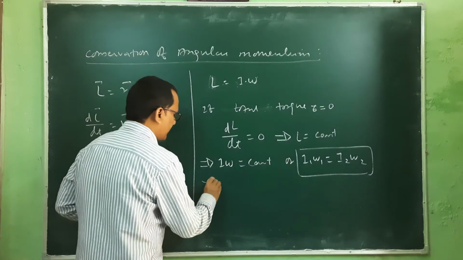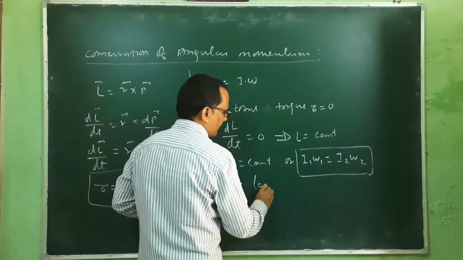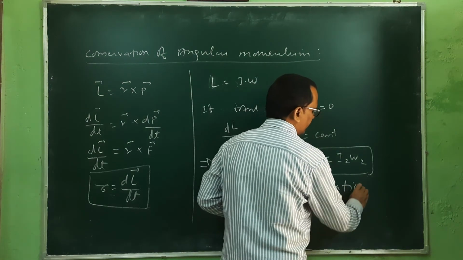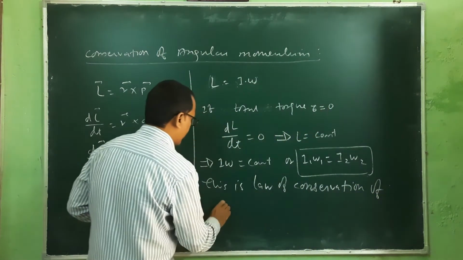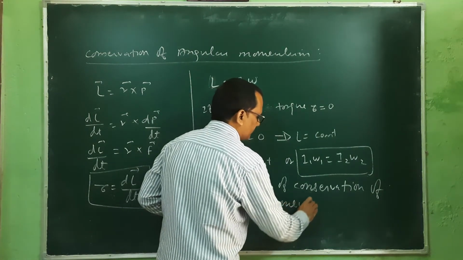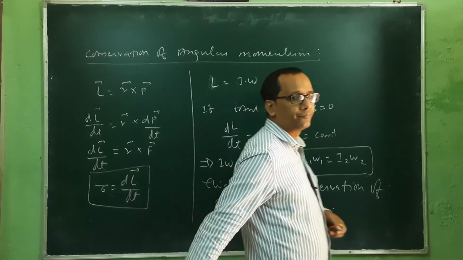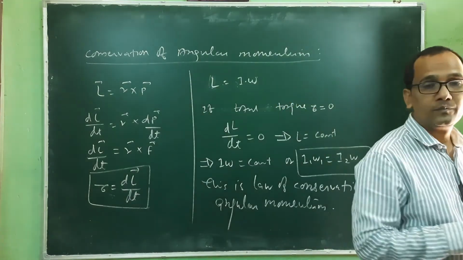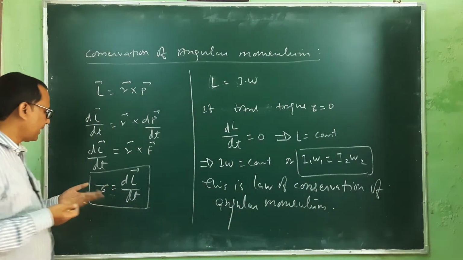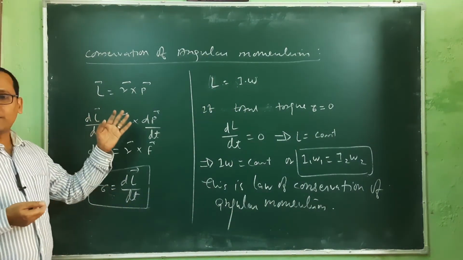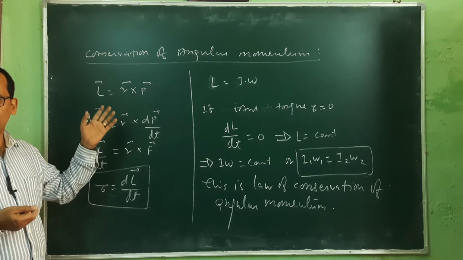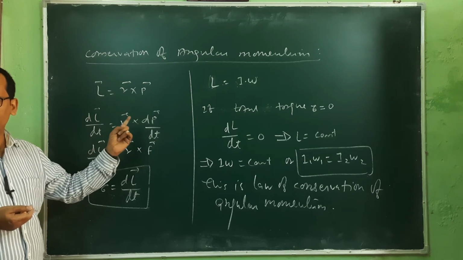This is the law of conservation of angular momentum. So the concept is simple. In translational motion, if the total force of the system is equal to 0, then dp by dt is equal to 0, and p is constant, so linear momentum is constant.